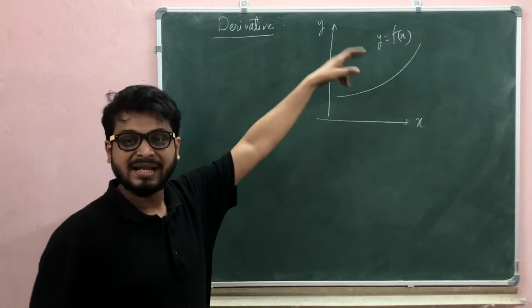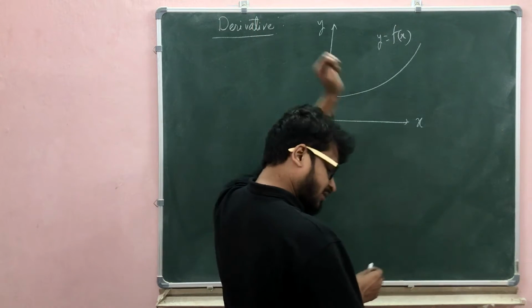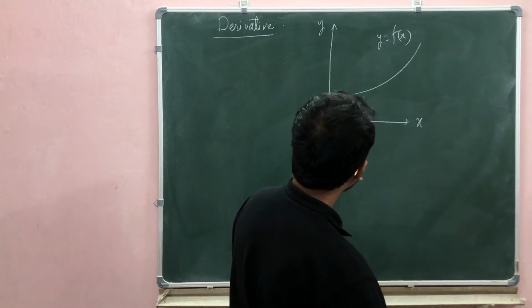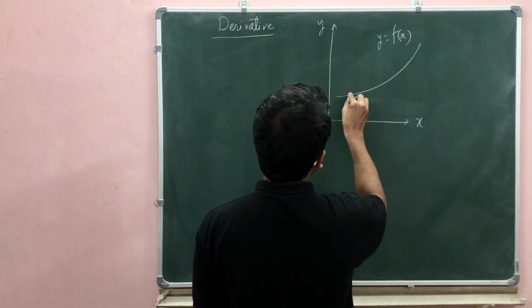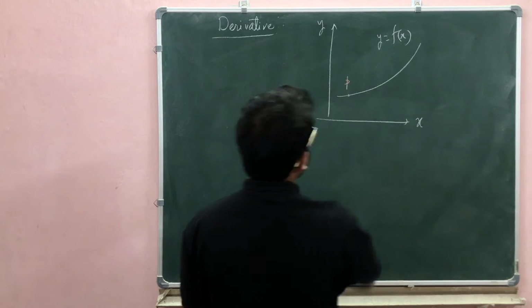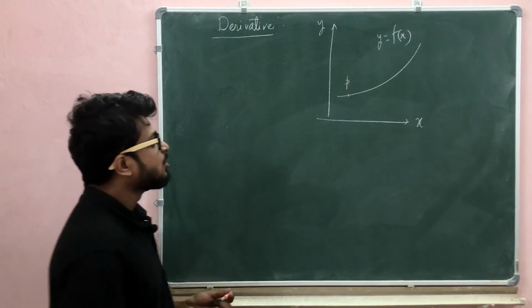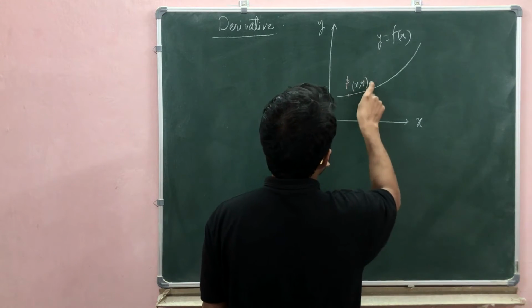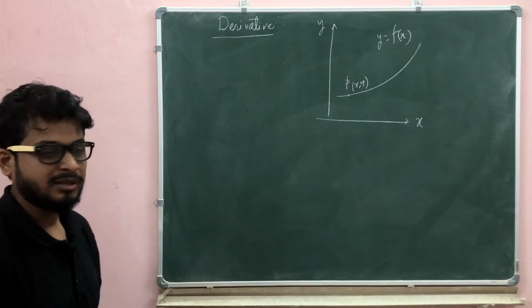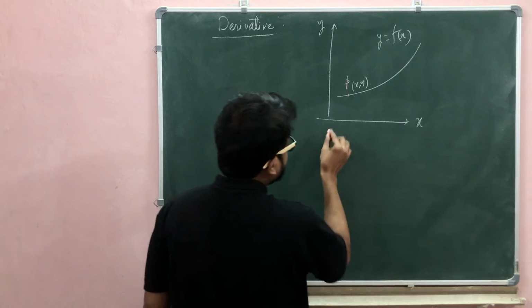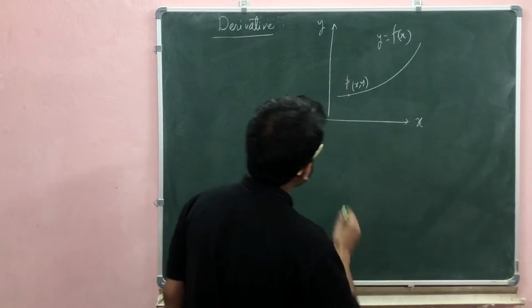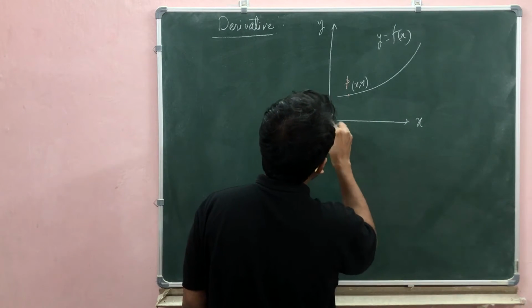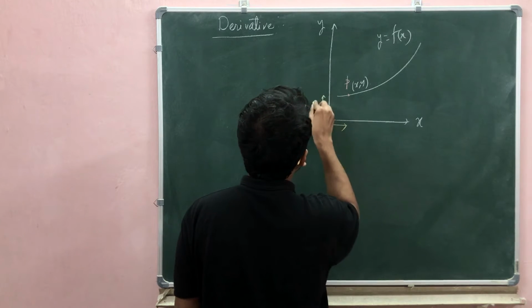Now choose a point P that lies on that curve. The coordinate of P, assume, is (x, y). Here is the x axis displacement and here is the y axis displacement.